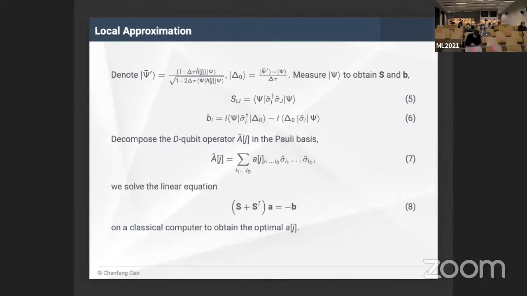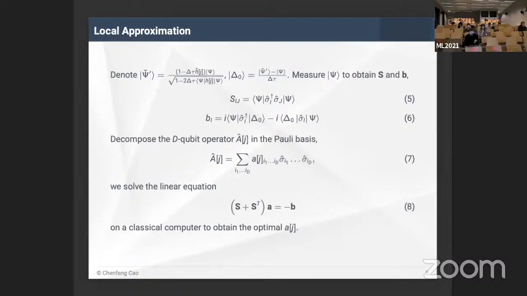And I will briefly introduce the local approximation process. How do we determine the optimal Hamiltonian Aj to do the transformation? The parameters of Aj are actually obtained via measurements. We denote the state before the non-unitary step as psi, and the state after this step as psi prime. Okay, so we want to find the Hamiltonian Aj to transform psi to psi prime. And Aj can be decomposed in the Pauli basis, as shown in equation 7.